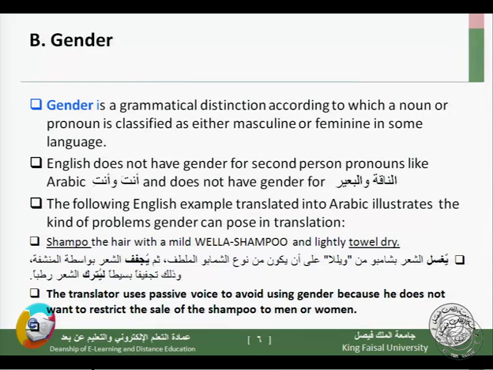And commercially, they want to sell the shampoo to men and women. We don't know whether they are addressing women or men. Now look at how the Arabic translator translated it. Why? We will find out.